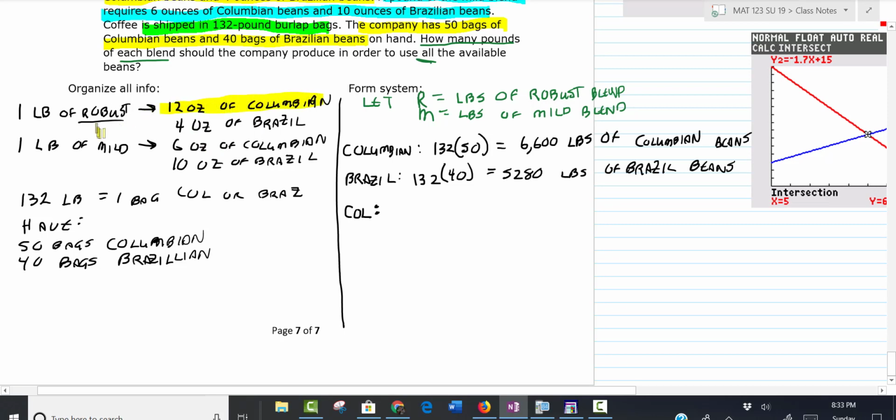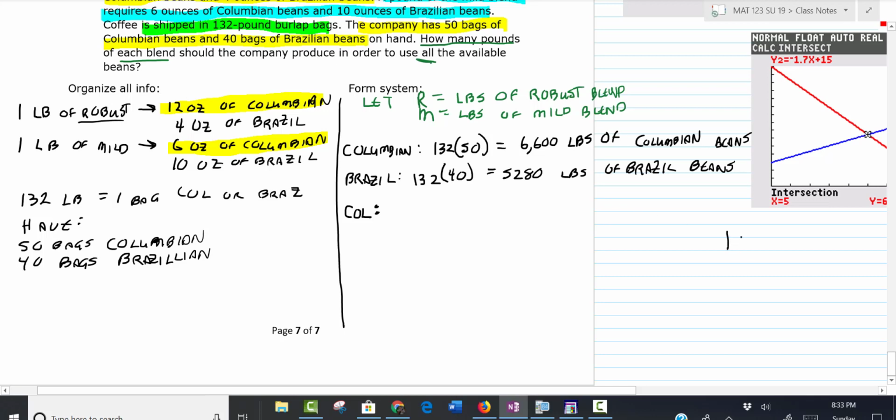For the robust blend, that's 12 ounces of the Colombian beans, and then for the Brazilian, you have 4 ounces. So we're going to use that information to get an equation that just has the Colombian beans. Here's the way I look at this. 12 ounces times the number of pounds. Now you got to do a conversion there.